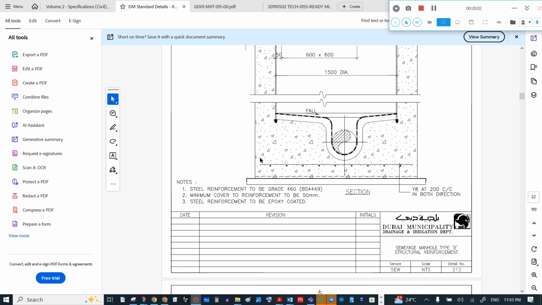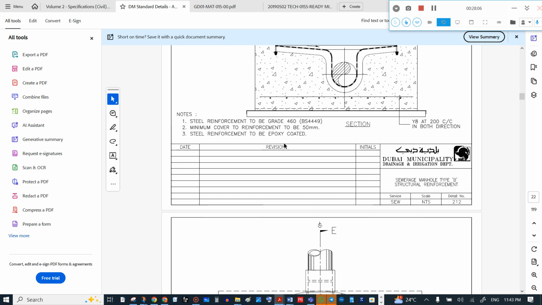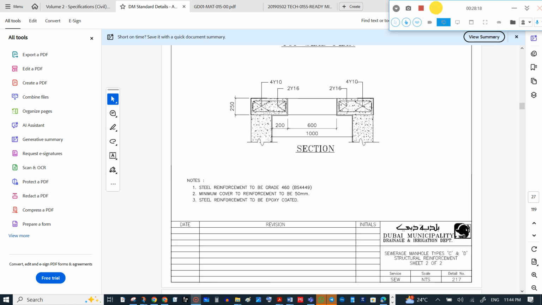The steel reinforcement is Y8 at 200 center to center. Y8 reinforcement is 8 mm diameter reinforcement at 200 center to center. That's the meaning.